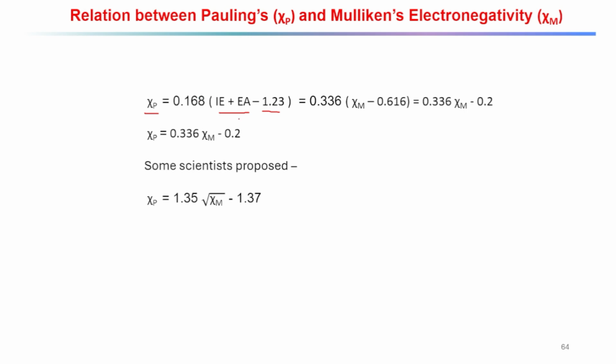Now this can be converted into Mulliken's electronegativity. We know half of IE plus EA is equal to chi m. So you can convert it to chi m, and ultimately you will get 0.336 chi m minus 0.616, which will give 0.336 chi m minus 0.2. So this is the relation between Pauling's electronegativity and Mulliken's electronegativity.